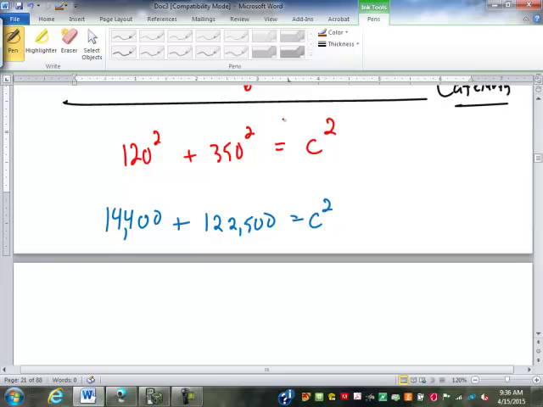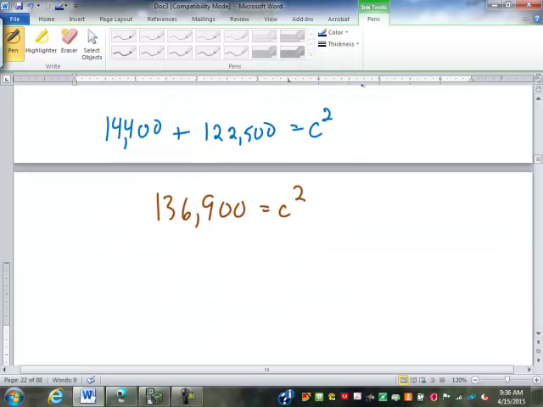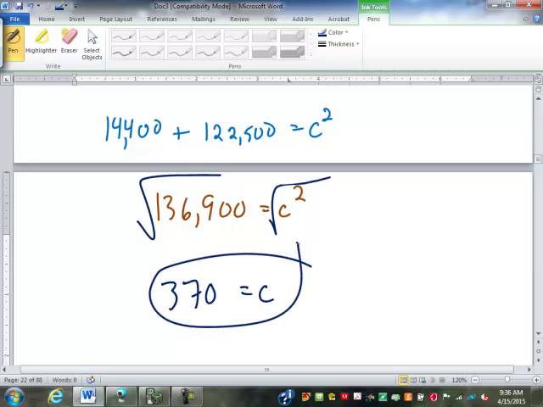Now we're going to combine 14,400 and 122,500, which is 136,900 equals C squared. Now what? Take the square root. The square root of that is 370, I believe. 370 feet.